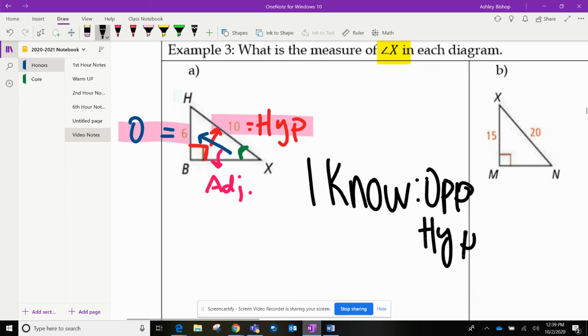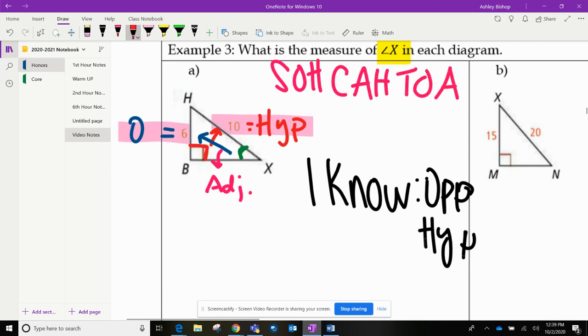And then I need to write SOHCAHTOA up here. Every problem we do, we're going to write SOHCAHTOA. And I need to ask myself which function, sine, cosine, or tangent, is going to use the opposite and the hypotenuse. Well, I hope you agree with me that sine, S-O-H, opposite over hypotenuse, is what I'm going to use. So I'm going to use sine.